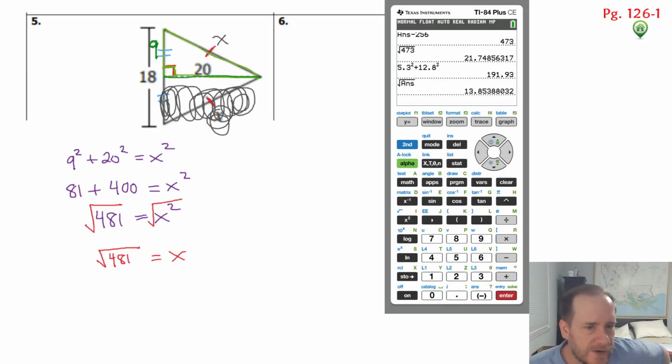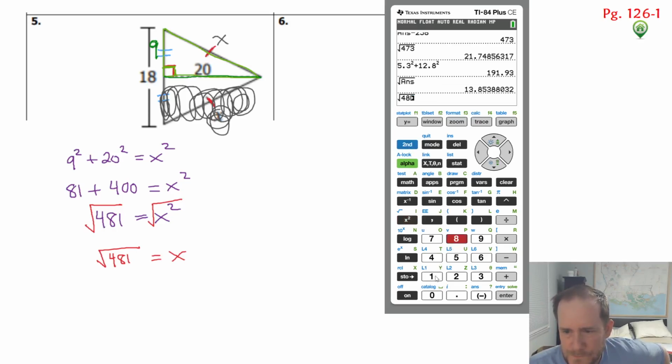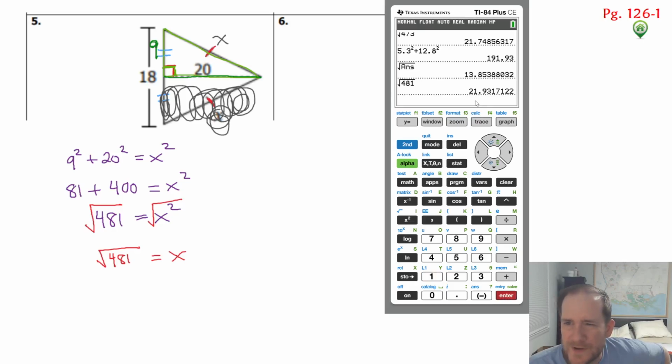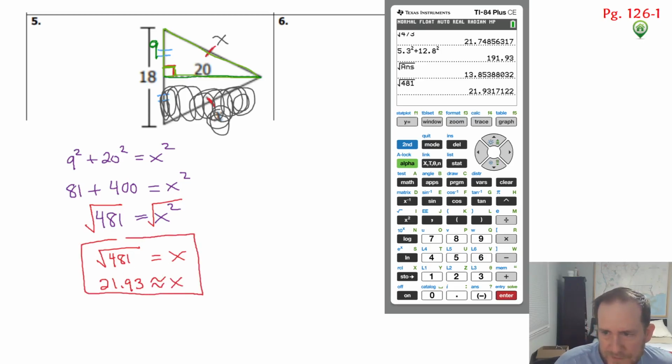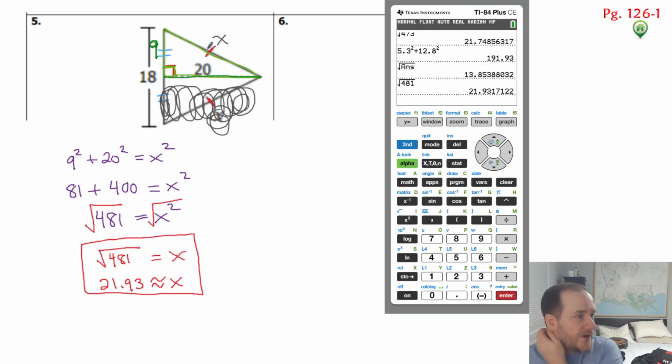And we could go to the calculator if we wanted to figure out what the square root of 481 is. So I'm getting 21.93. And again, that would not equal x, that would only be approximately x because that's a decimal that we rounded off. But there's your answers for 5. Let's go do 6.